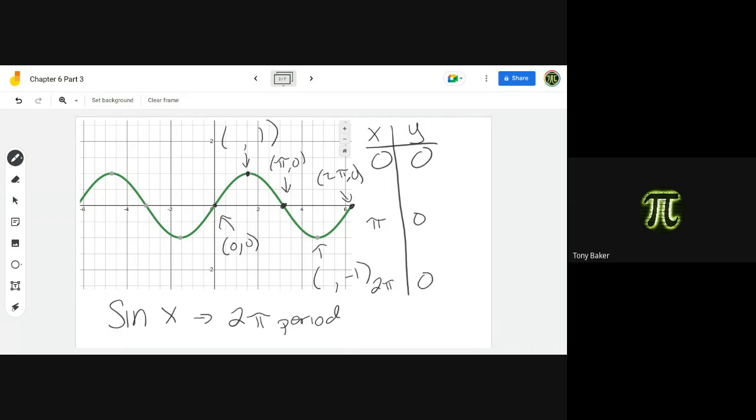It's halfway between 0 and pi, right? So that would be what? Pi over 2. So pi over 2 is 1. And then this one down here is 3 pi over 2 because it's halfway between pi and 2 pi.